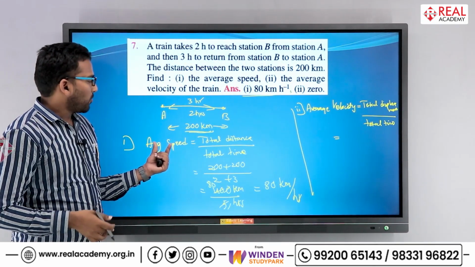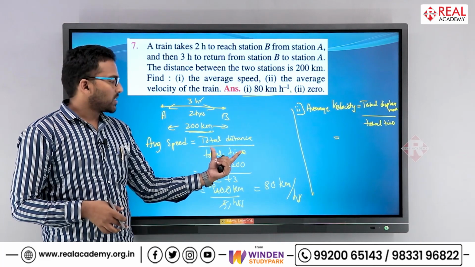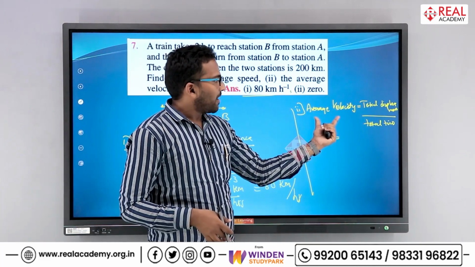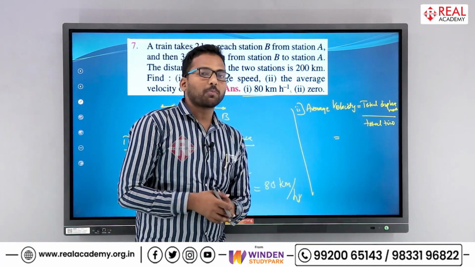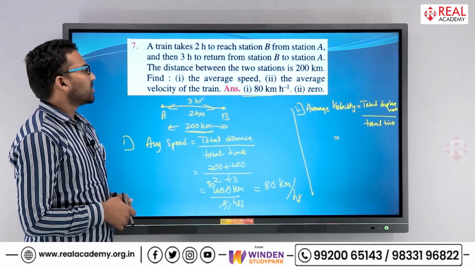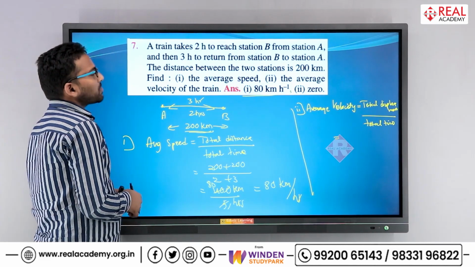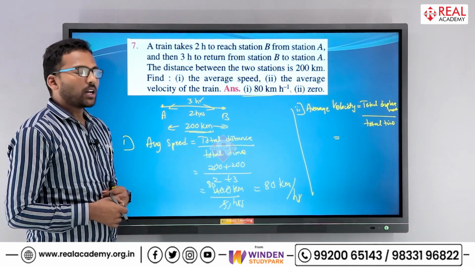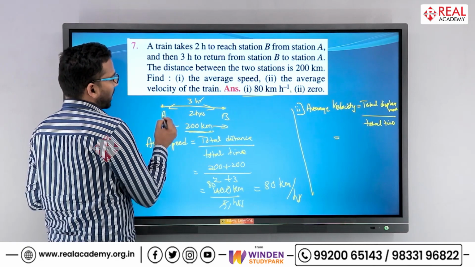So see, for average speed the formula is total distance upon total time, whereas for average velocity it's total displacement upon total time. So displacement is how much? Displacement is the shortest path.